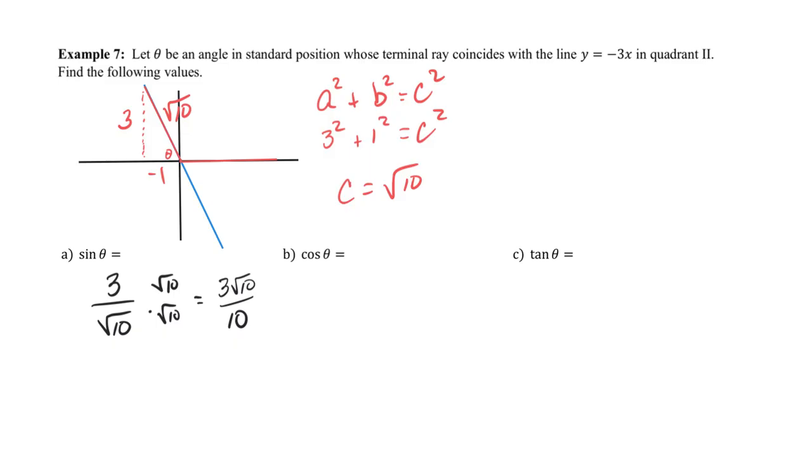Well, it's adjacent over hypotenuse, or it's the x value over the radius, right? So we got negative 1 over square root of 10. And we do the same thing, and we get negative square root of 10 over 10. And last but not least, tangent is opposite over adjacent, or y over x, and we get 3 over negative 1, or negative 3.